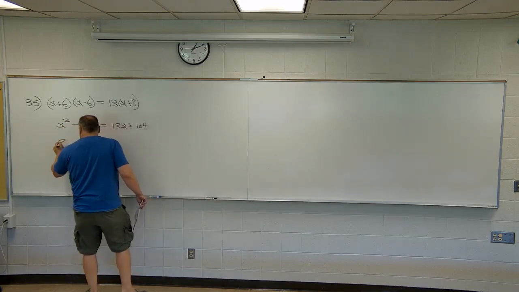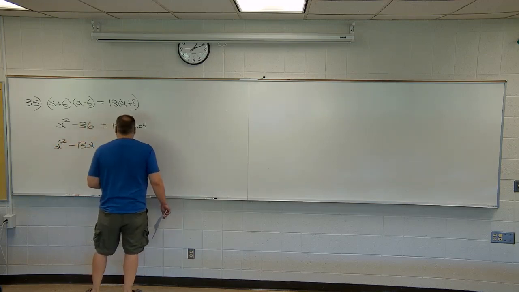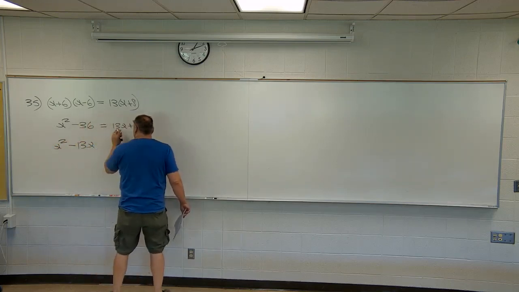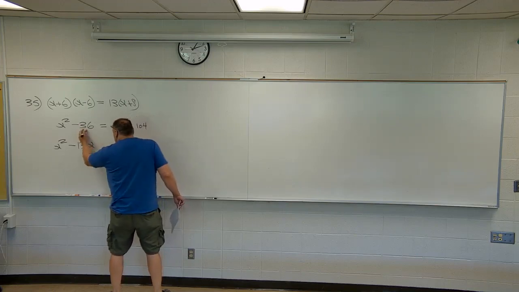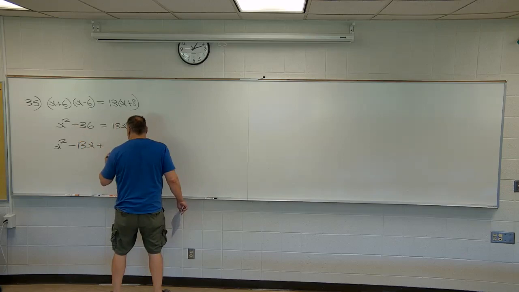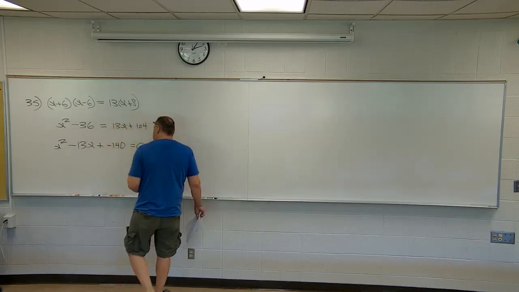You end up getting x squared minus 13x, negative 104 and negative 36, that's plus a negative 36. Negative 36 and negative 104 is negative 140, is equal to 0.